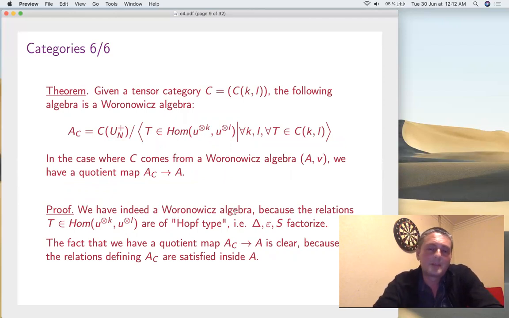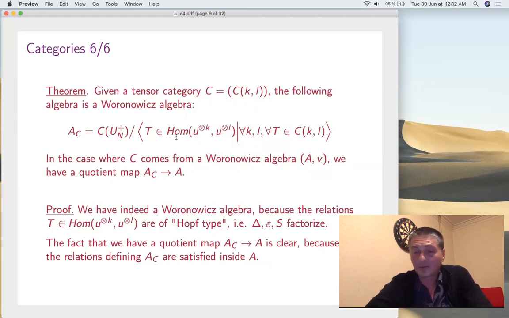And the idea here is very simple, of course. You have to take C of U_N^+, that's the biggest thing, and then mod out by some relations. Well, you just put the relations coming from the category, okay? For any indices k, l and T in C(k,l), T must actually be an intertwiner. There's no thinking. I mean, it can only be this, right?